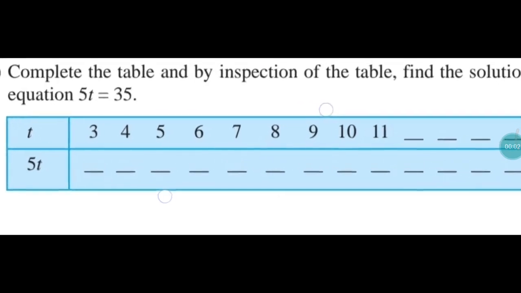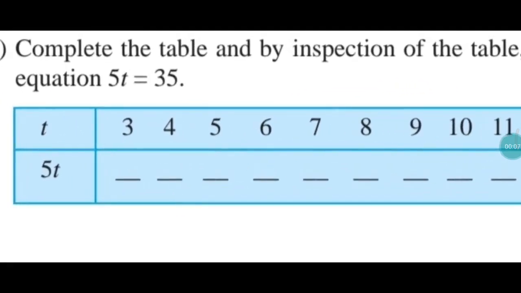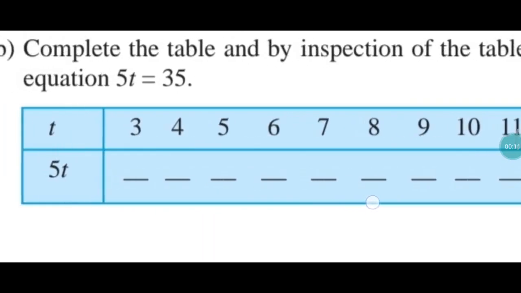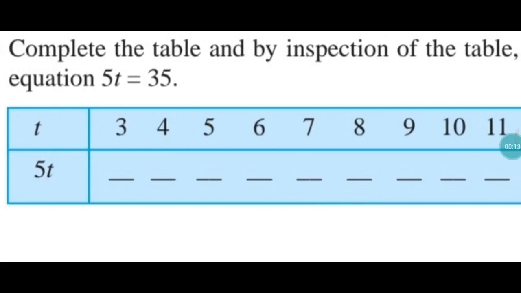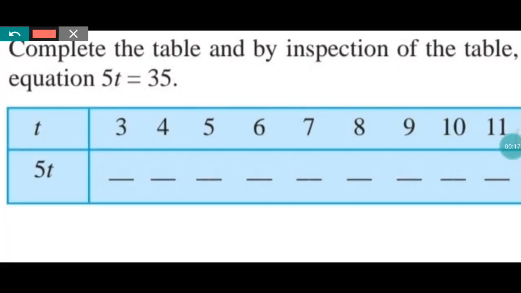Now in this B part we will fill one by one. When t is equal to 3, 4, 5, 6, 7, 8, 9, 10, 11. When t is 3, then it is 15. When it is 4, then it is 20.